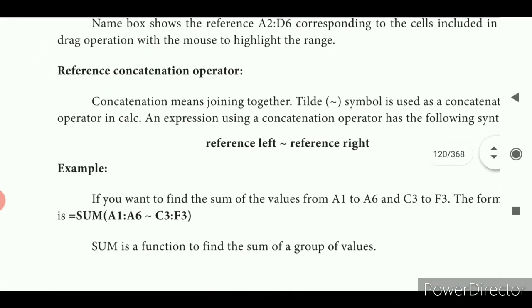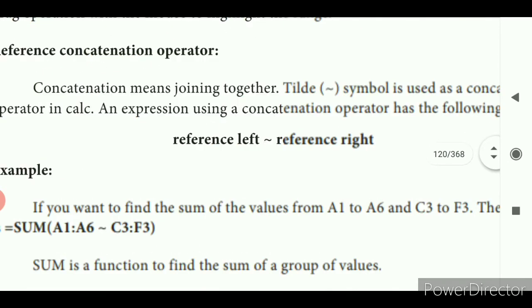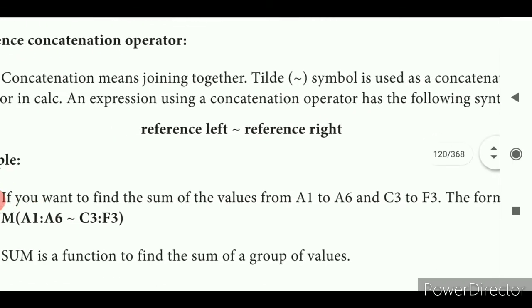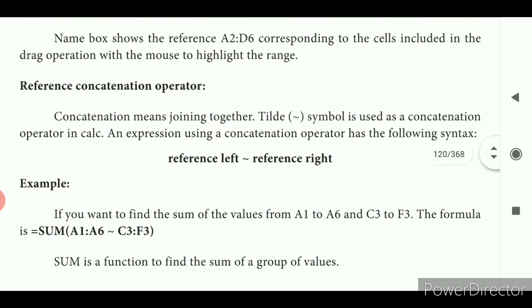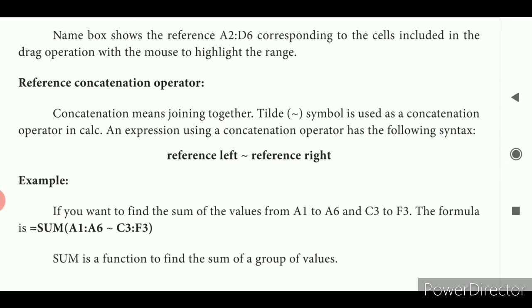Next is the reference concatenation operator. Concatenation means nothing but joining together. The tilde symbol is used as the concatenation operator in Calc. Instead of the colon, you have to use the reference left, then the tilde symbol, then the reference right.